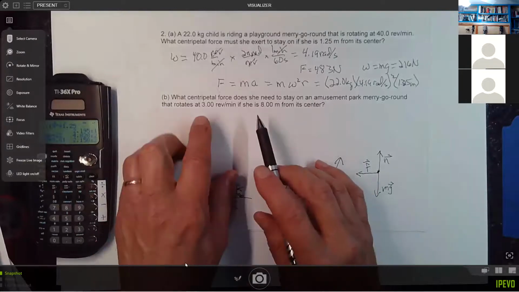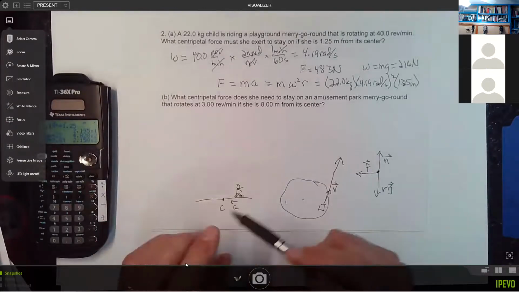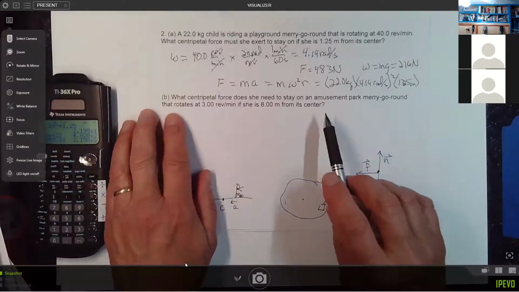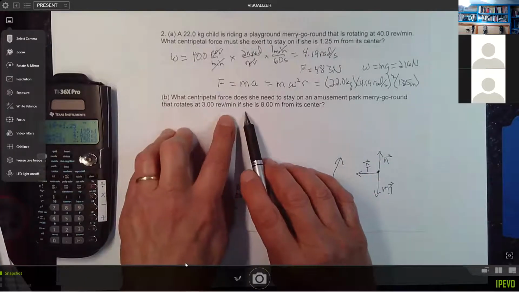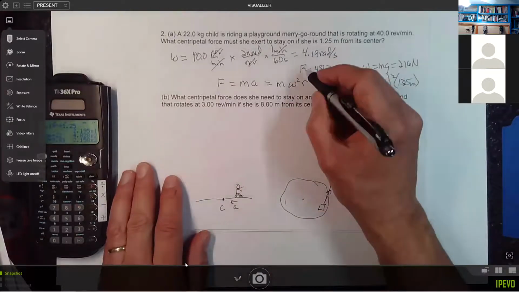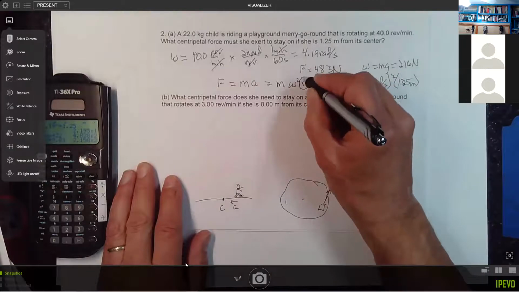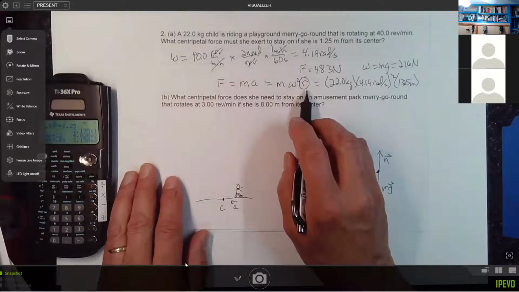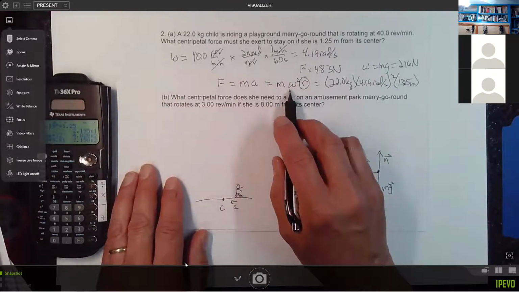All right, so what centripetal force does she need to stay on an amusement park merry-go-round that rotates at 3 revolutions per minute if she's 8 meters from the center? Something to notice here is that this force increases with increasing radius, and so does the acceleration. It's omega squared r.